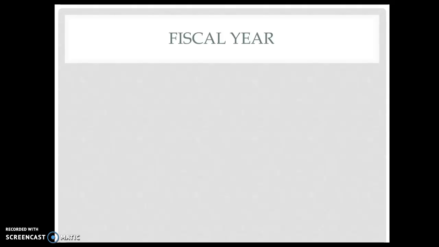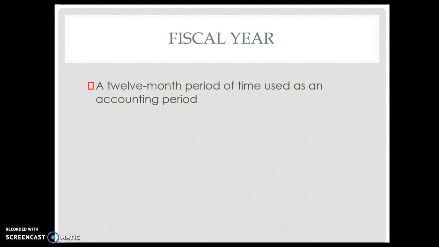Now here it talks about a fiscal year. We can have a fiscal year be any 12-month period to be used as our accounting period. And when the company is first started, that's when this decision would be made.